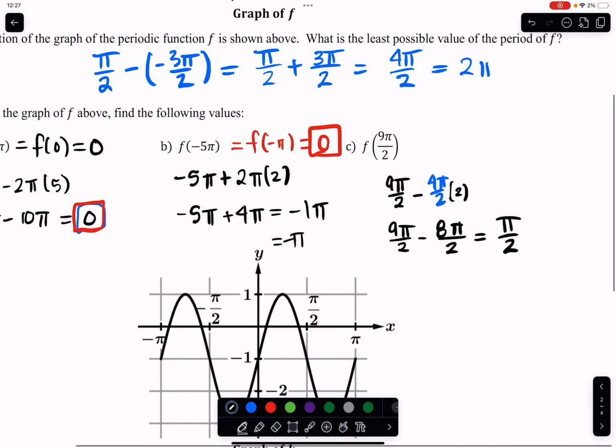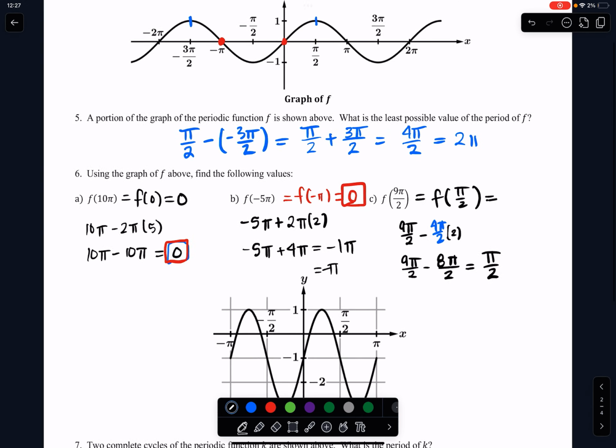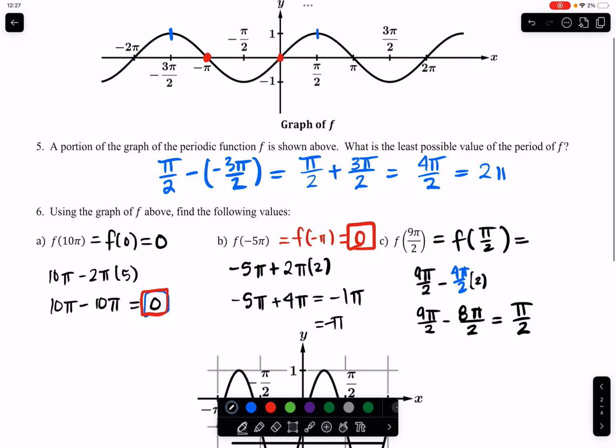So finding f of 9 pi over 2 is the same thing as finding f of pi over 2, which we can now look at. We see that here, and that's here, where the y value is positive 1. So that's our answer.